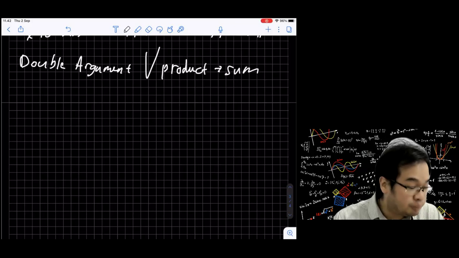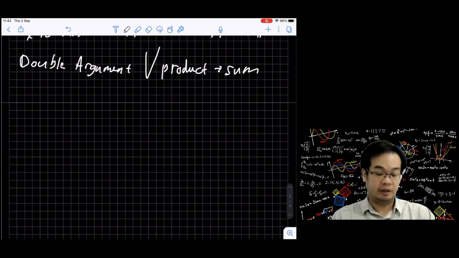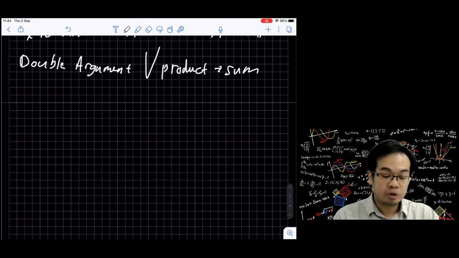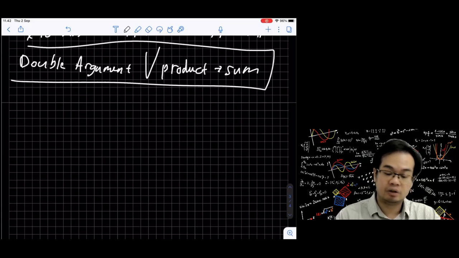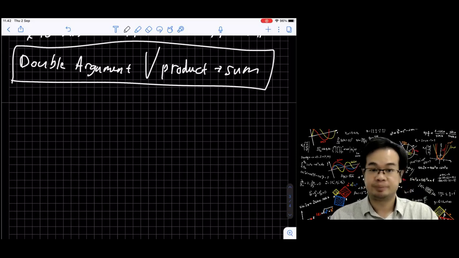So in your book, that's number 7 and number 9: product to sum and double argument, and maybe also sum to product. I don't say that these are the only ones needed, but mostly.